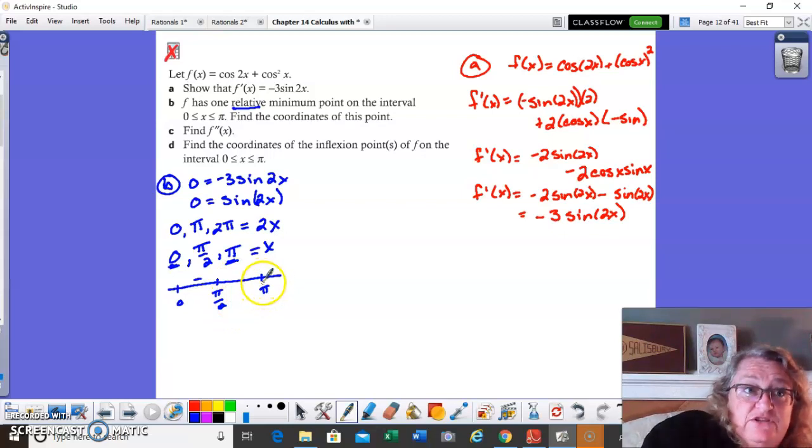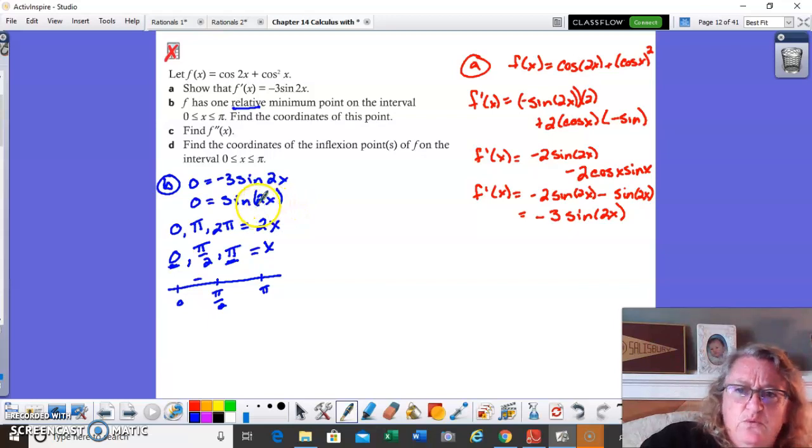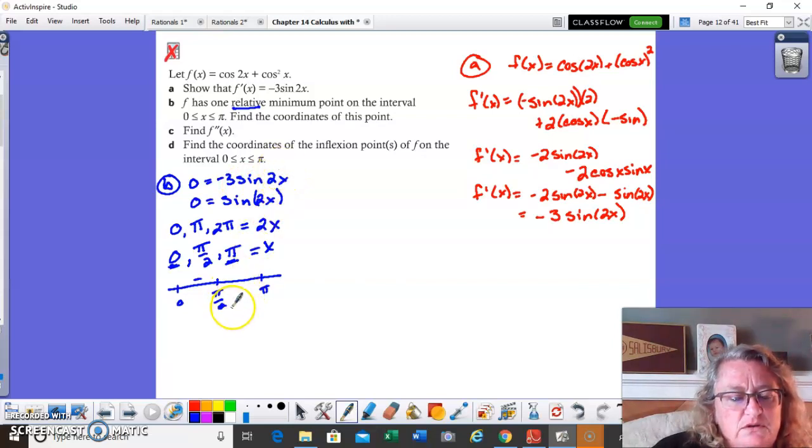Let's say 3 pi over 2. Oh, no, I'm doing something wrong. 3 pi over 2 is beyond the interval. I'm at 3 pi over 4.